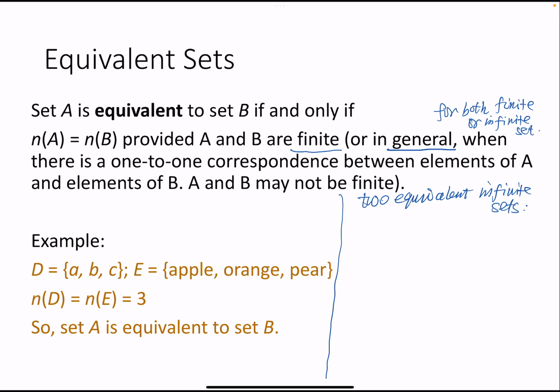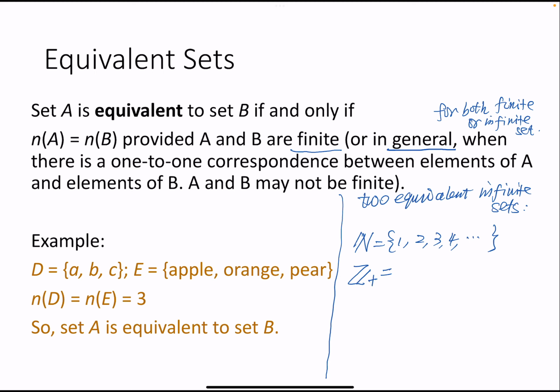So for example, let's see, the set of natural numbers, N equals 1, 2, 3, 4, and the set Z plus.